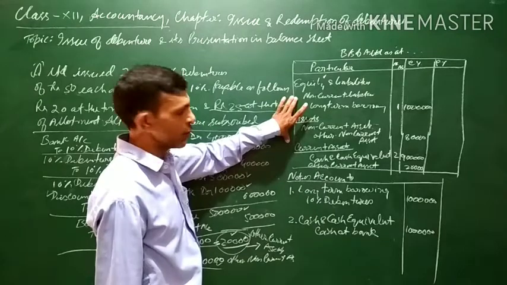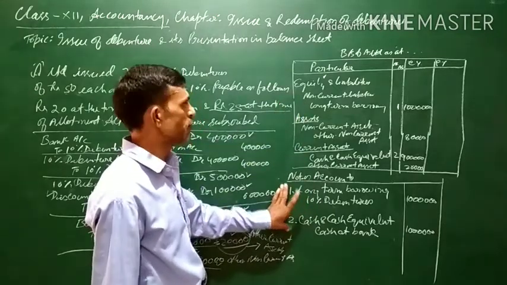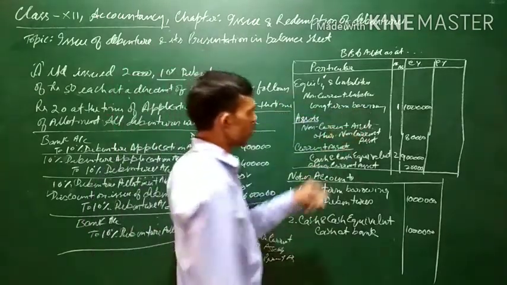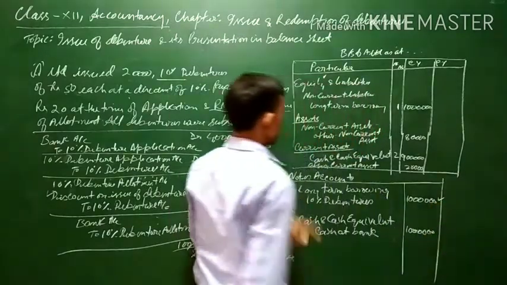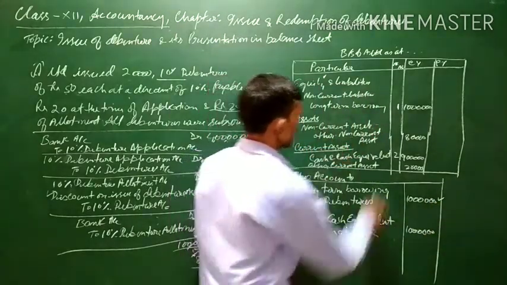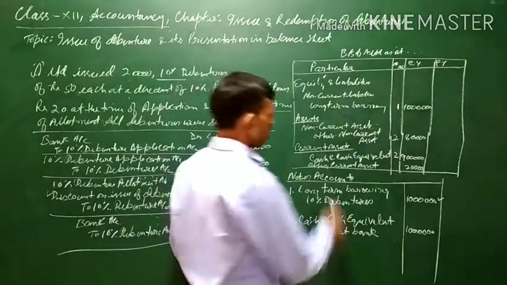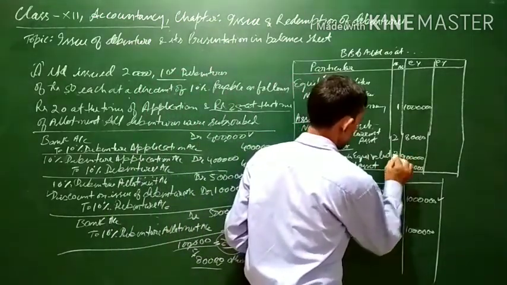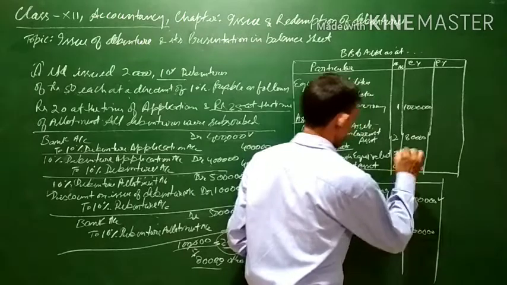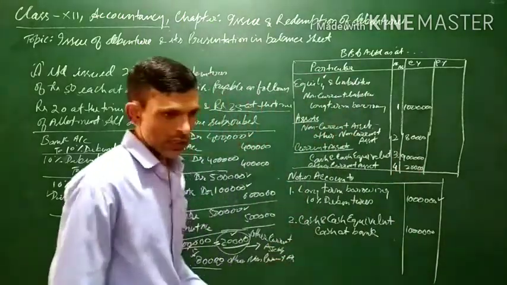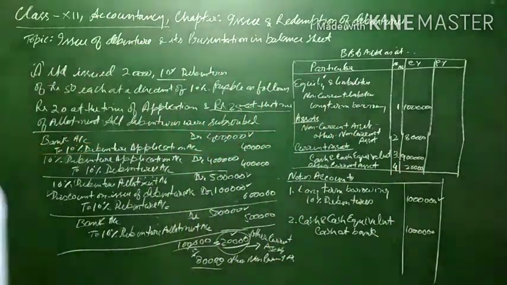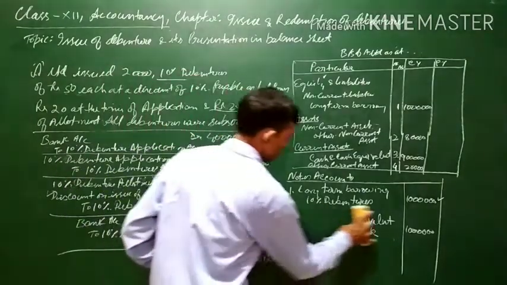Since the balance sheet will differ, the notes to account will also differ. The first, long-term borrowing, will remain the same. The second, other non-current assets, note number 2, we have to change. Again note number 3, the cash and cash equivalent, and note number 4. Let us write here what the differences are.